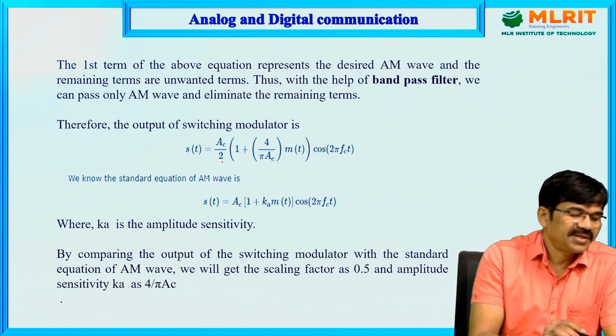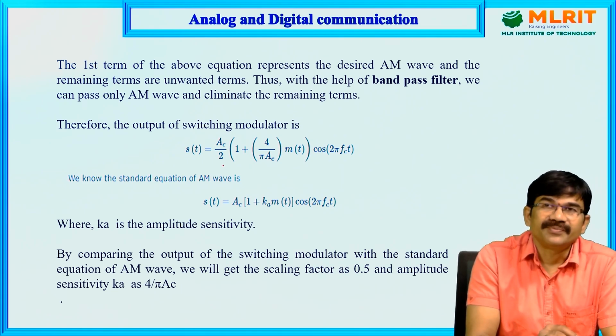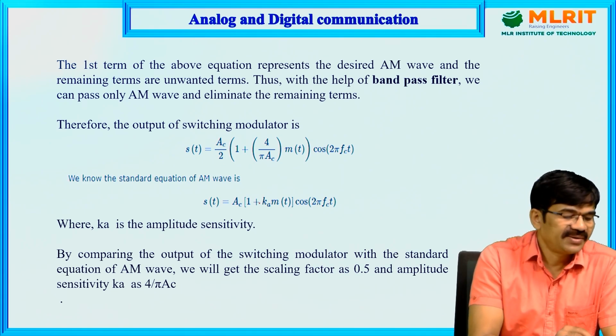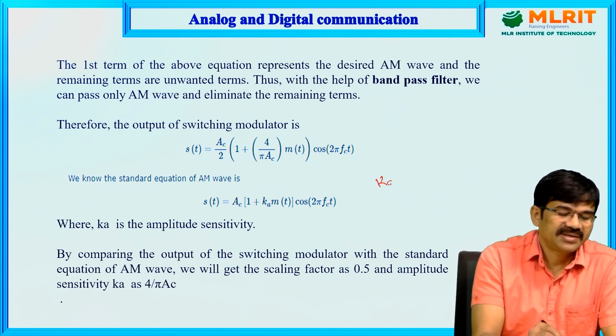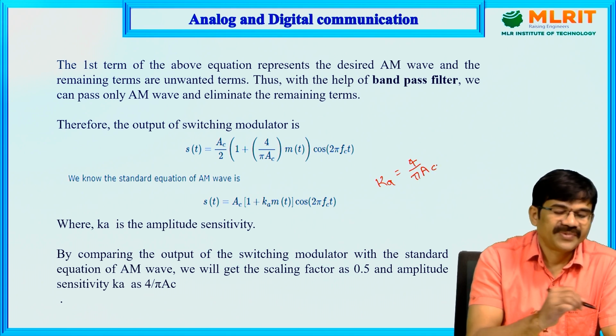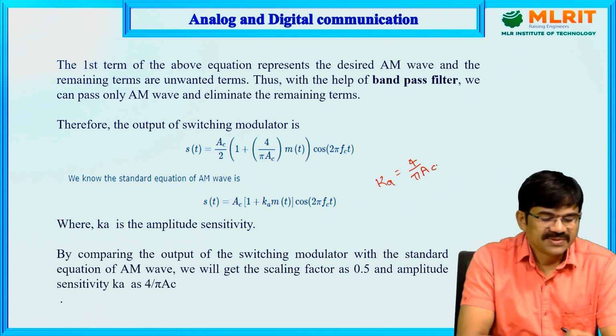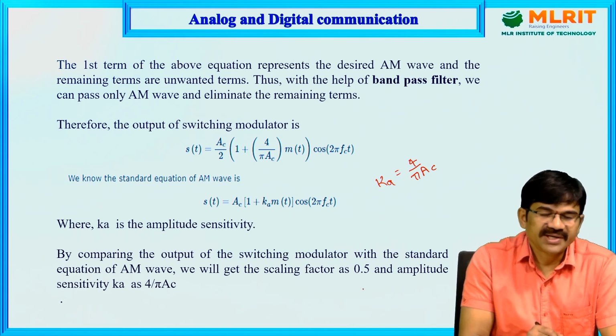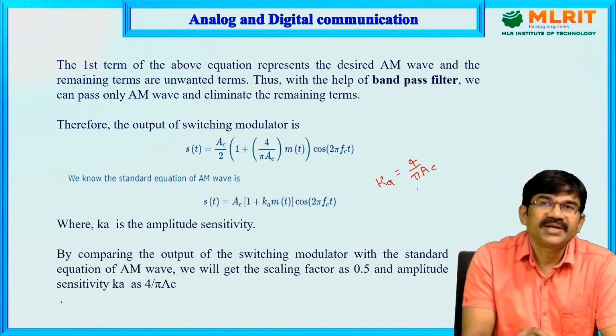Here instead of Ac, Ac by 2 is the scaling factor, and the amplitude sensitivity Ka can be represented as 4 by 5 Ac. So the scaling factor is 0.5 and the amplitude sensitivity is 4 by 5 Ac.